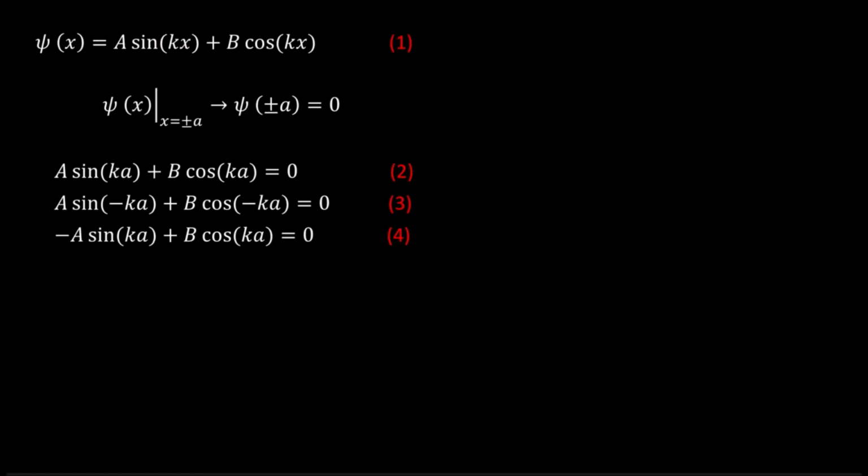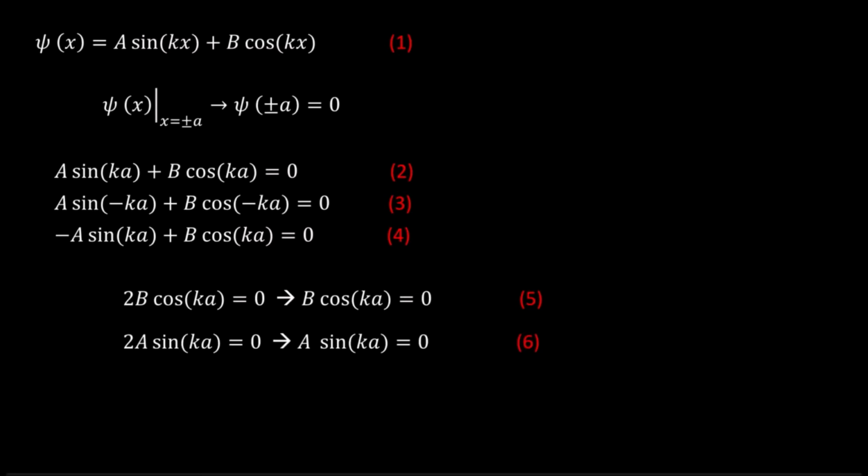Adding equations 2 and 4 gives us B cos ka equal to 0. Now if you subtract equation 4 from equation 2, then you will get another equation, A sin ka equal to 0. From these equations 5 and 6, both A and B cannot be 0 simultaneously, since such a situation will lead to the wave function psi of x equal to 0, which is unacceptable, or which means that the particle does not exist in the well at all.